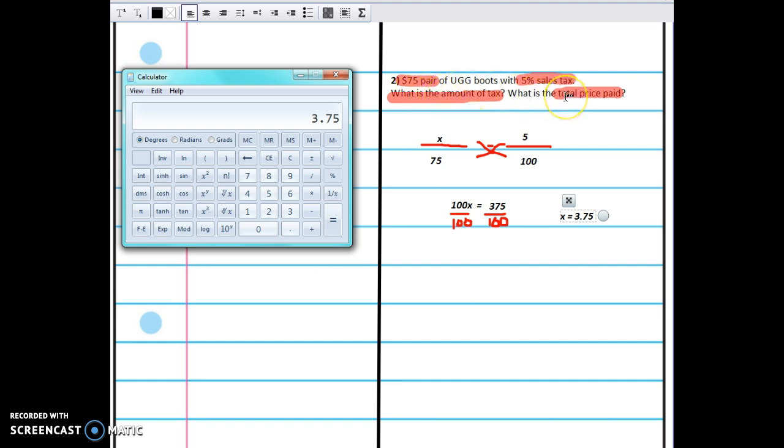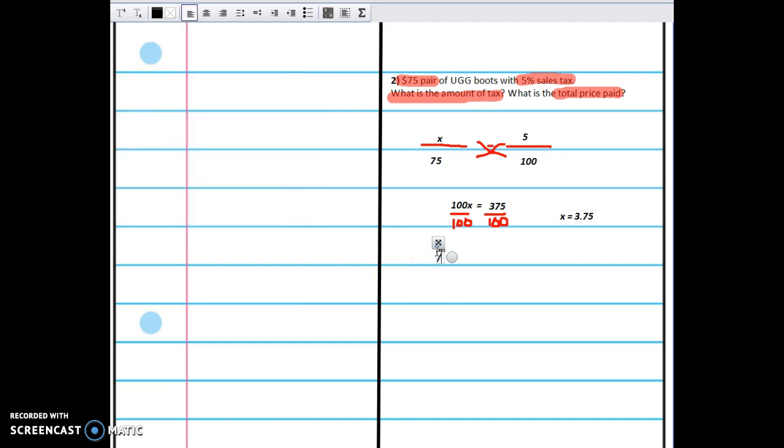But then the next part of the question says, what is the total price that's paid? So what we want to do now is take the subtotal, the 75, and we're going to add to that, because tax makes the price increase, $3.75. So when you add those together, 75 plus 3 gives you 78. So $78.75.